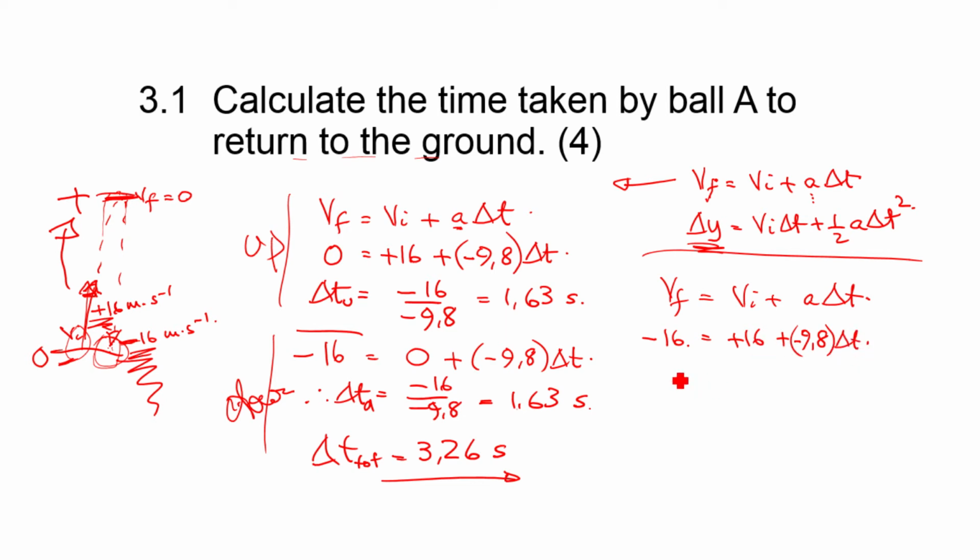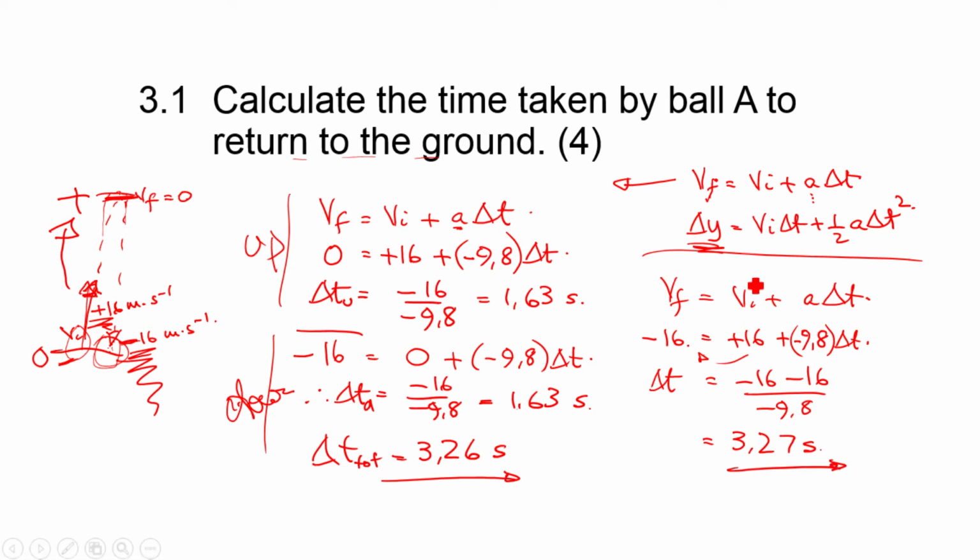So what I would get here is delta t is equal to minus 16 minus 16, so I've taken that to the other side, divided by minus 9,8, and there I'm going to get 3,26, or 3,27 would also be acceptable when you correct that. Okay, and there are the answers as given.